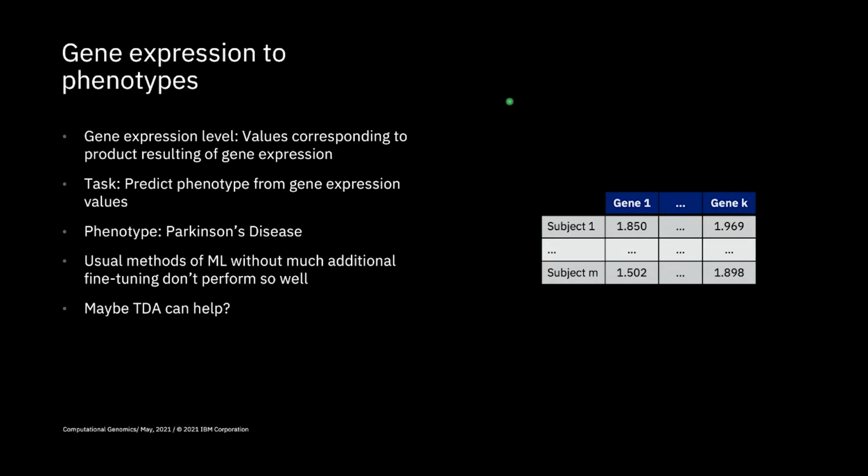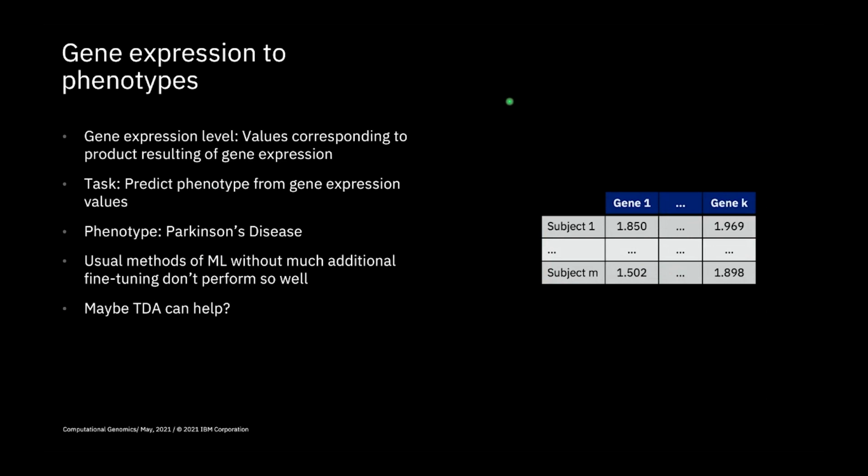Okay, but after all of that happens, after all this counting and quantifying of the product associated to that gene, we get a non-negative number that tells us how high the level of gene expression is.